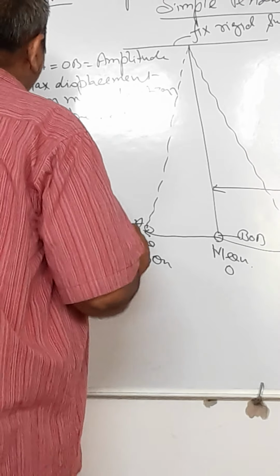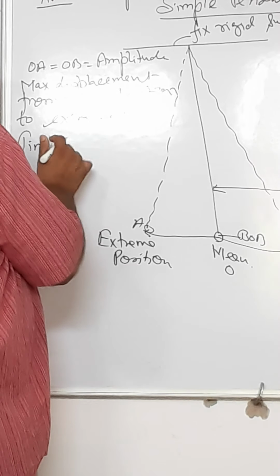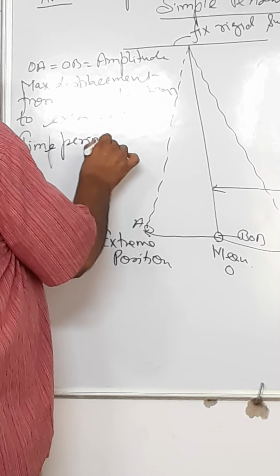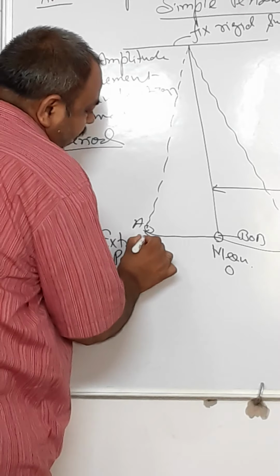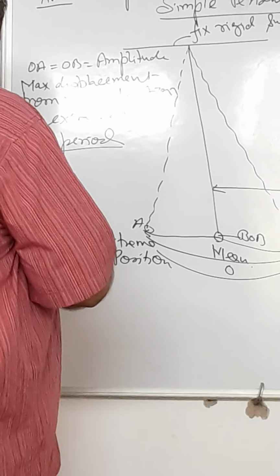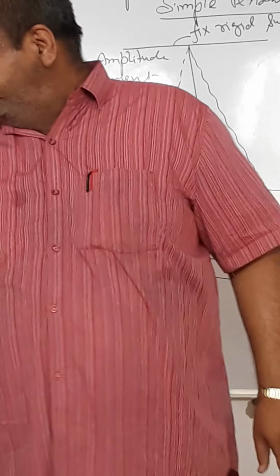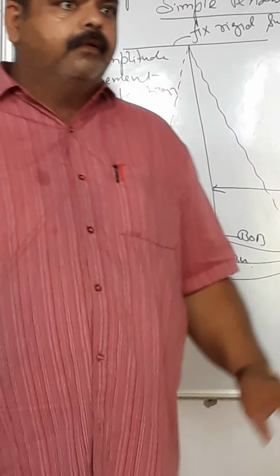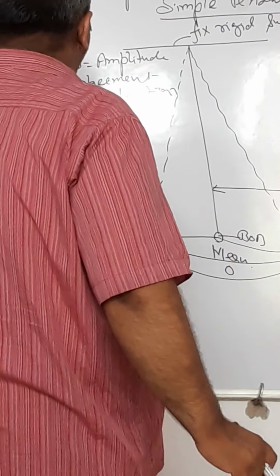Now time period: minimum time taken to complete one oscillation. Before time period I should write oscillation. Oscillation means one complete to and fro motion of a body.